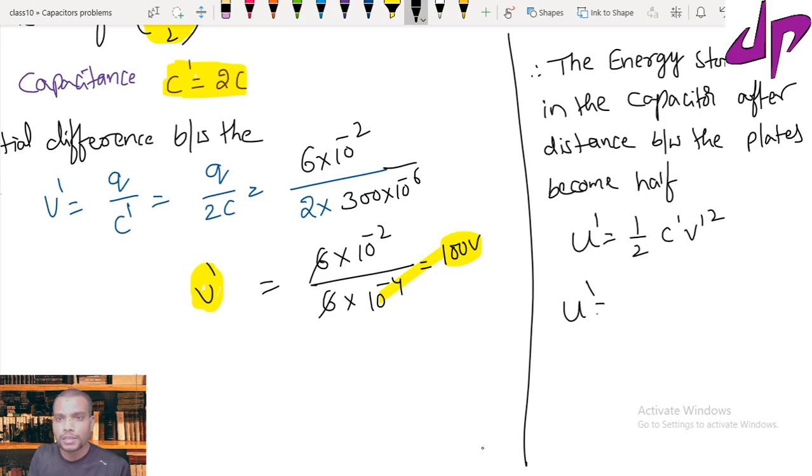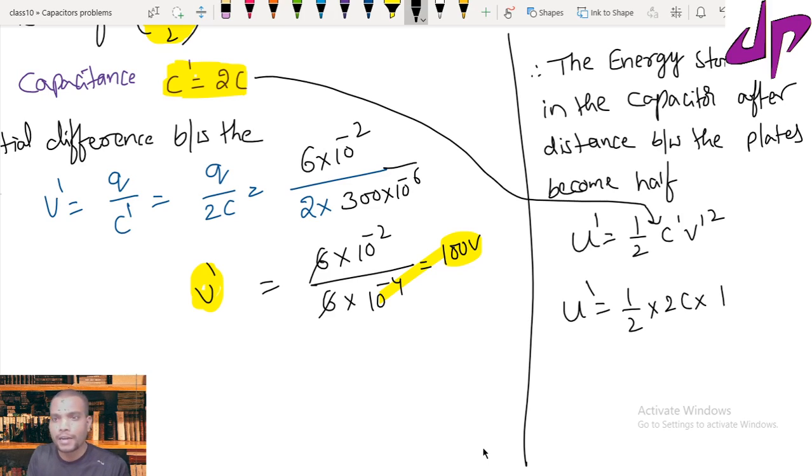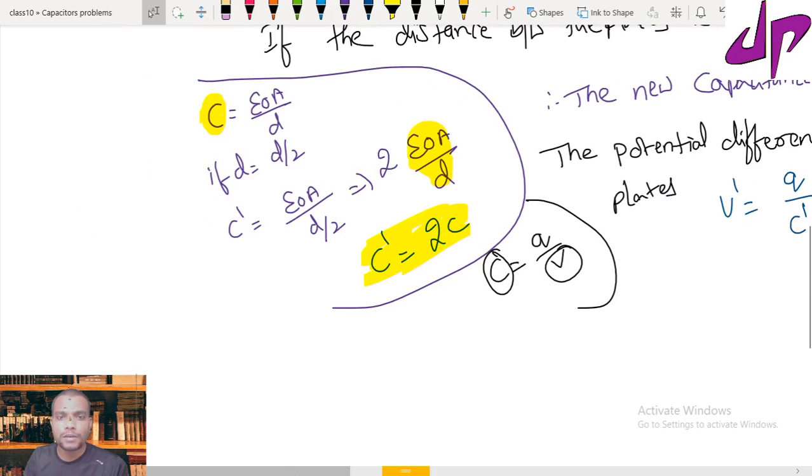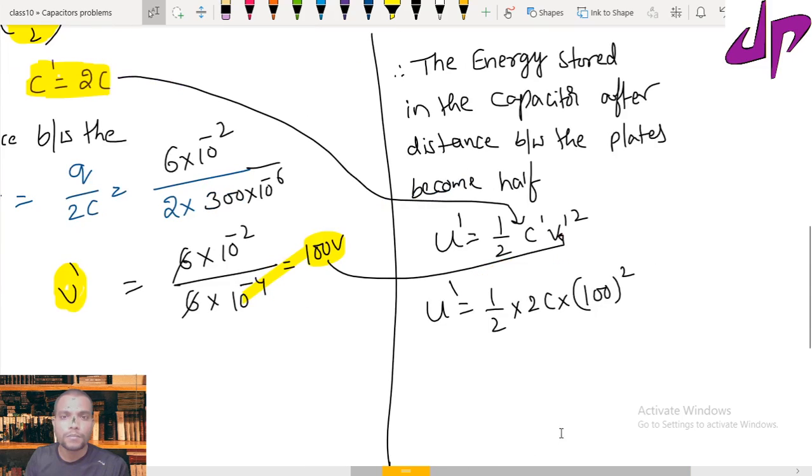Therefore U dash equals half times C dash value. Here C dash equals 2 times C, and the V dash value is 100 square. Now substitute the capacitance of the capacitor and let's do the simplification.